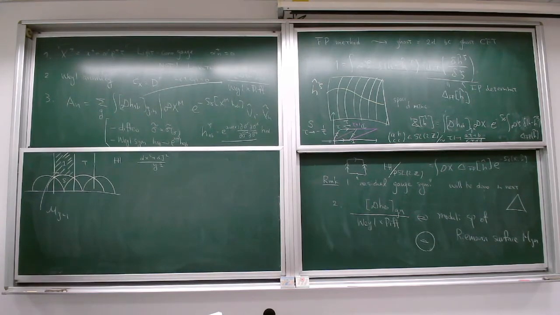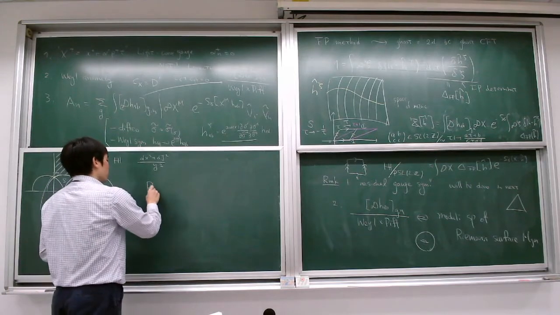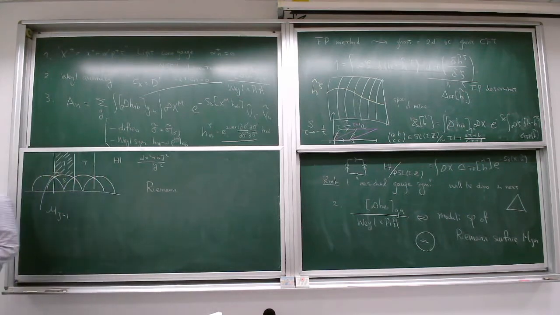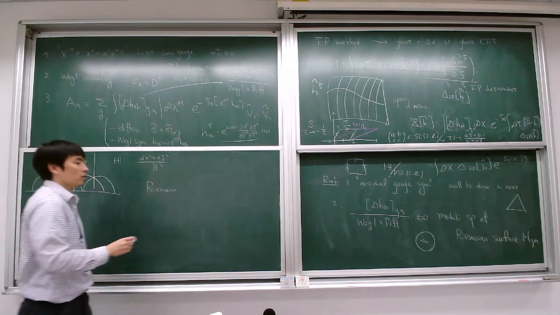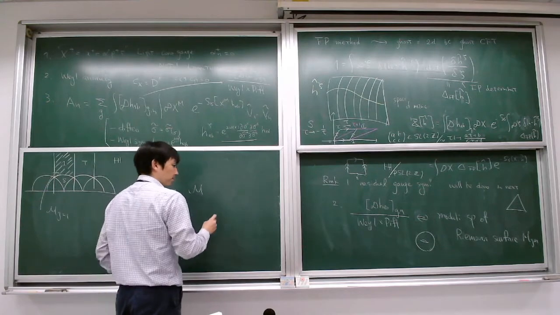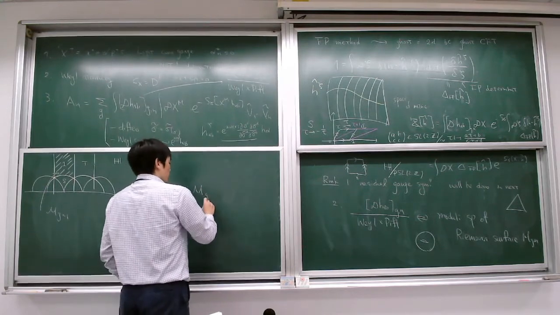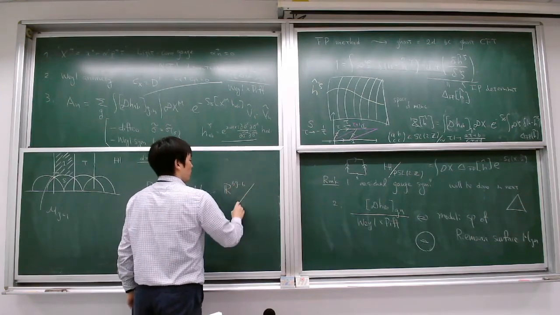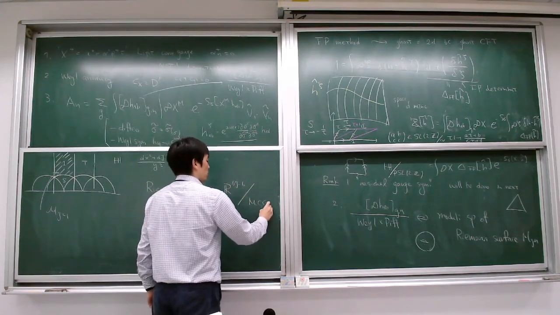And then another genius showed up in the 19th century, so-called Riemann. He already noticed that for genus g Riemann surfaces, the modular space of genus g is R to the 6g minus 6 divided by the mapping class group action.